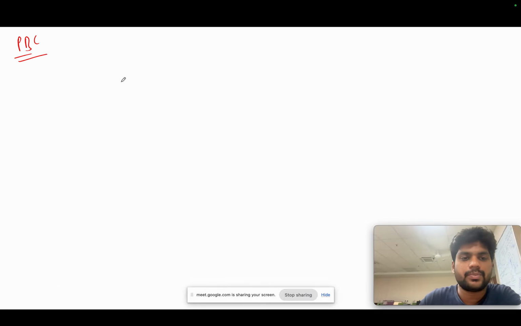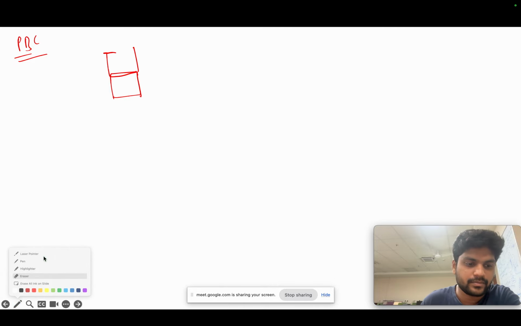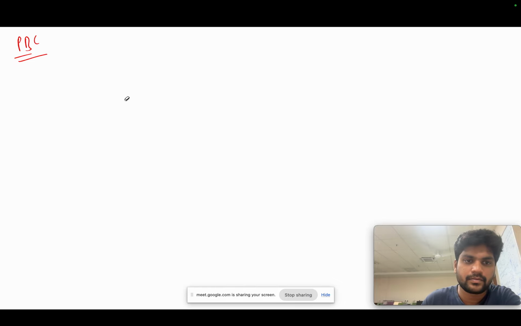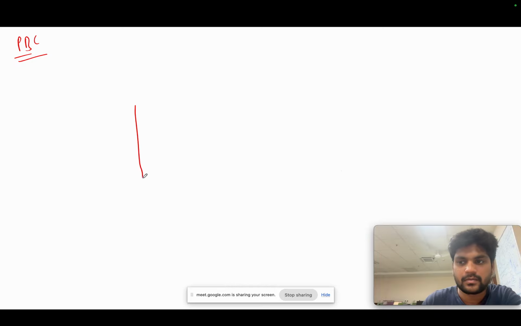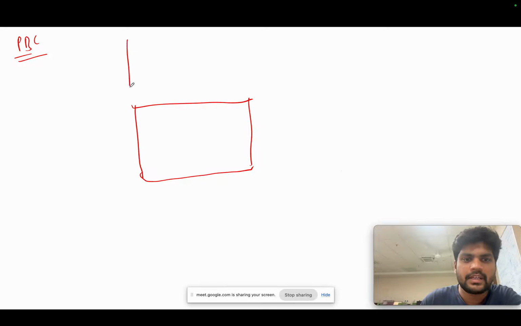What does the periodic boundary condition do? We replicate the same system in all directions. Assume that this is the x direction. This is our original box, and I am expanding it in this direction.